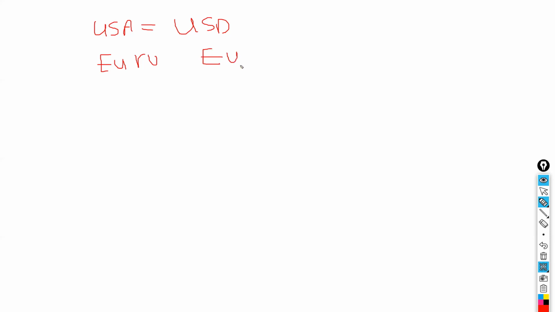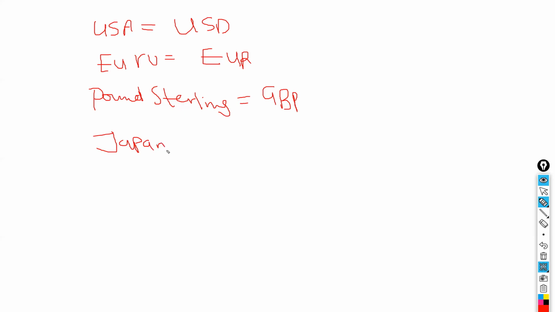Euro. The pound sterling, that is Great Britain, we have this as GBP. So these are the abbreviations you're going to come across in the forex market, like the Japanese yen, we have it as the JPY.